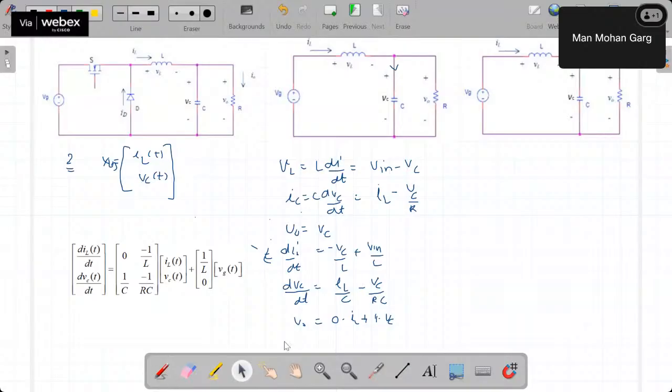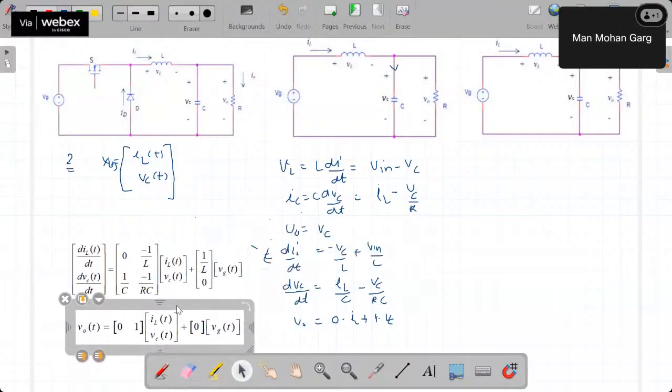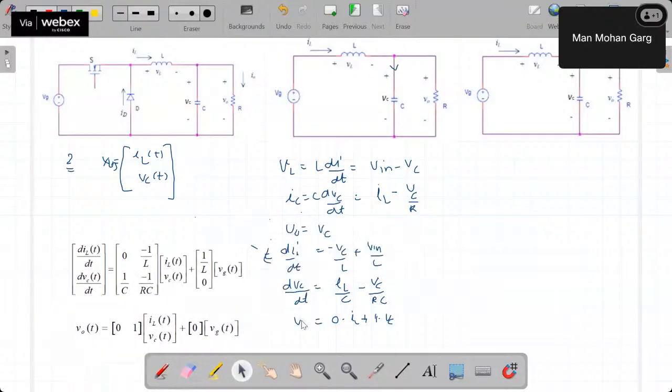In the same way, I can represent the output equation like this. When switch is on, V naught equal to, there is no coefficient of IL, 0. There is coefficient of Vc, which is 1, Vc.